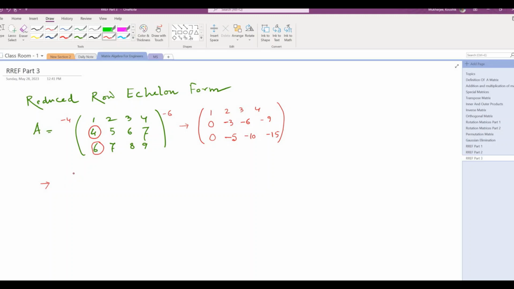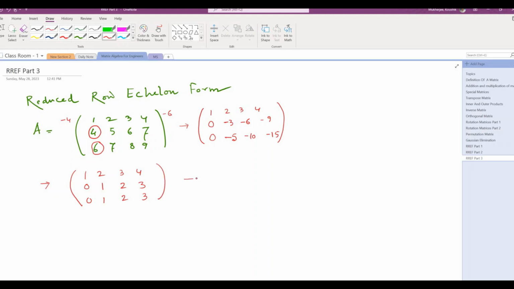So what will happen in this case, it will be 1, 2, 3, 4, and this will be 0, 1, 2, 3, because we are dividing it by -3, and same thing will happen here also. We are dividing it by -5, so 1, 2, 3.